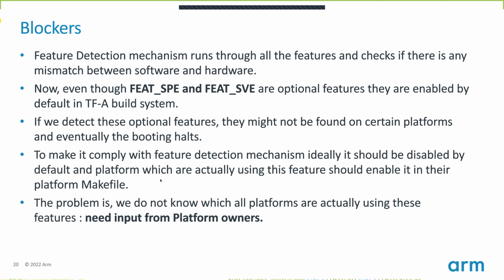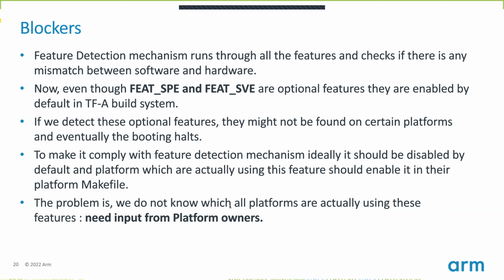But again, in order to comply with the feature detection mechanism, ideally they should be disabled from our TFA main build system, and we should allow the platforms to enable them. But the thing is, we have already written a cover note to all our partners, and we have sent an email stating this, because we are not sure which platforms will be affected if we disable it altogether from our main makefile and then allow the platforms to enable it.